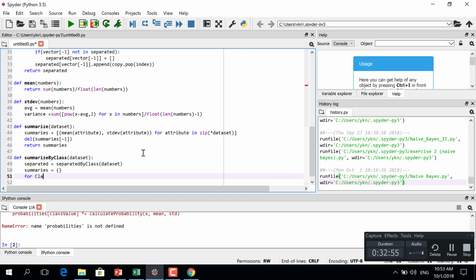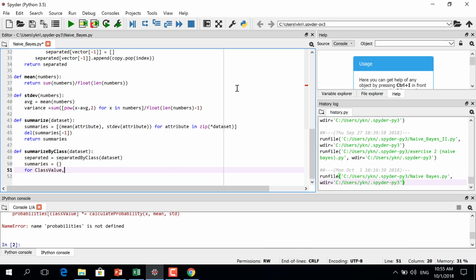for class value, instances in separated items with these parentheses, we have to summarize the class value according to the summarized instances.